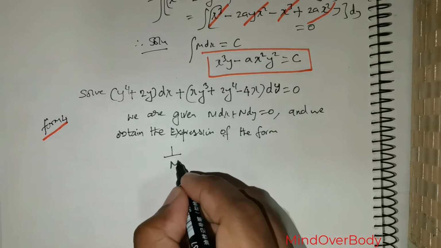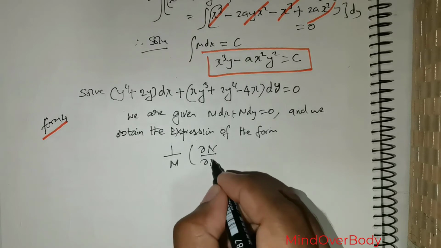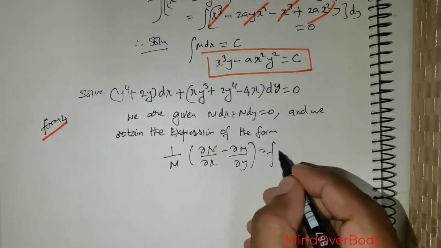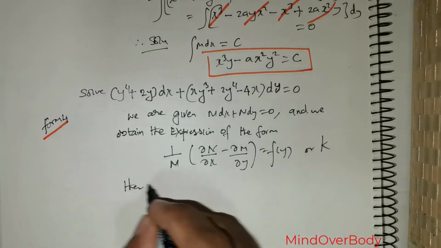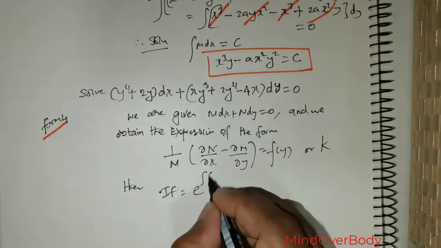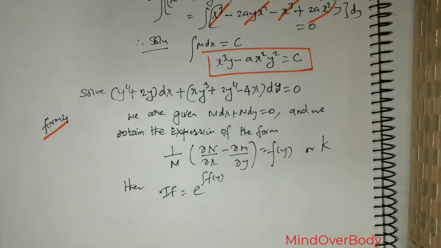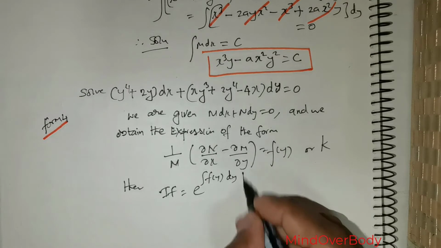1 over M times (dou N over dou x minus dou M over dou y) to be equal to some function of y or a constant k, then the integrating factor is going to be e raised to the power of the integral of f of y times dy if it is f of y.